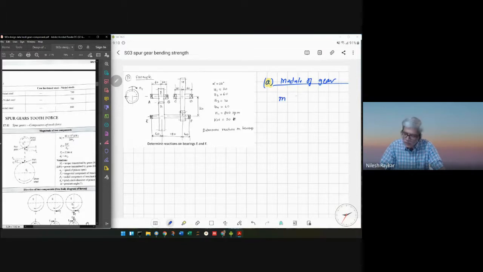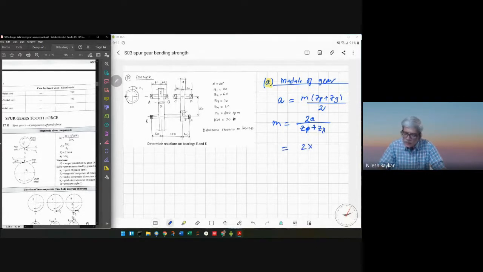So module, the center distance is given in terms of module as center distance A, it is M into (ZP plus ZG) divided by 2. Our module will be equal to 2A divided by (ZP plus ZG).